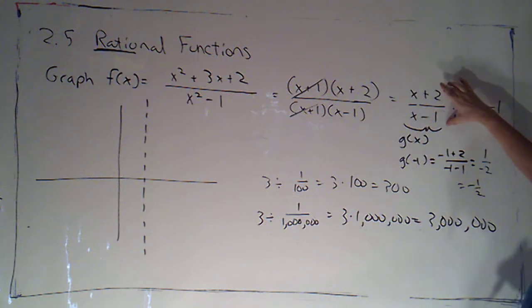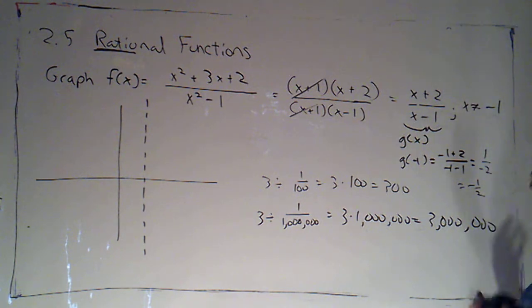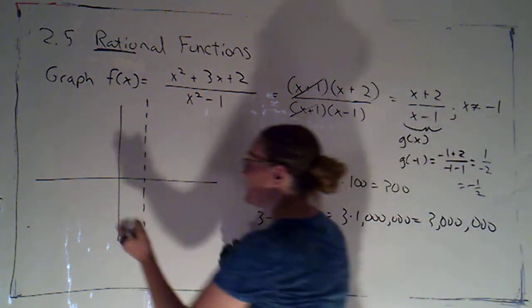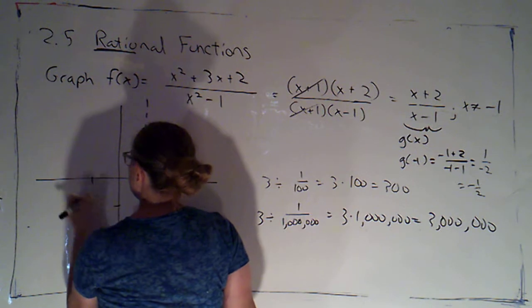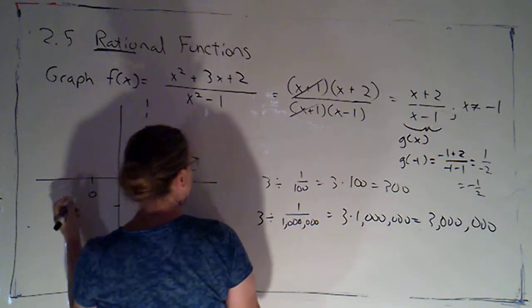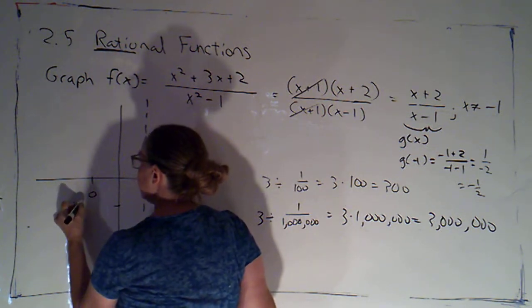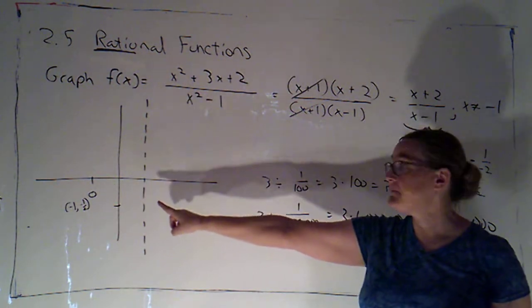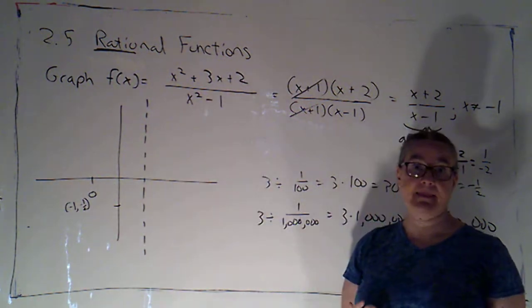So this function without the restriction would have a point at negative 1, negative 1/2. F is exactly the same except there's no point there. So I'm going to come over here to negative 1, negative 1/2, and there's going to be a hole in the graph there. Okay. So there isn't a point there.